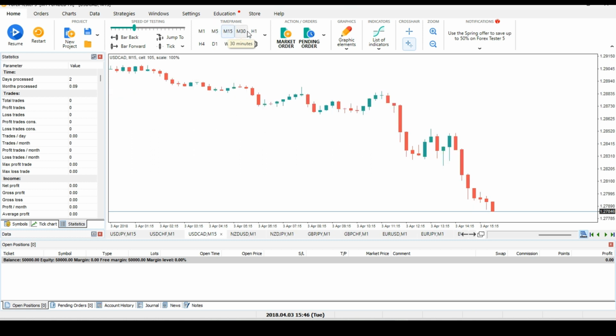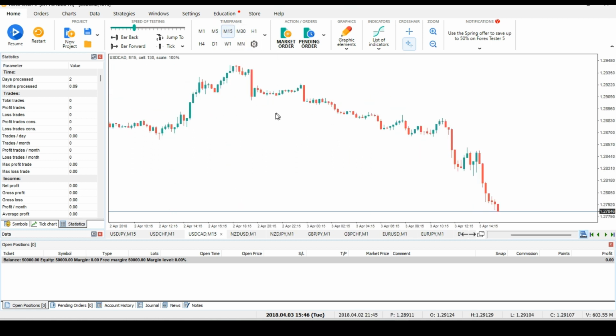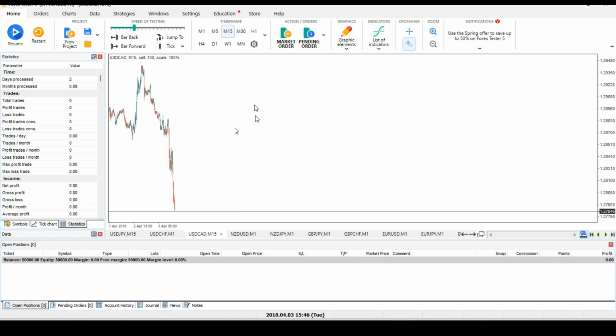I'm on the 15 minute time frame right now. There are a lot of things you can do with this software. You have your stats right here, you have the balance, and this is what you use to start moving price forward, bar by bar, or you can reverse and see the previous bar.